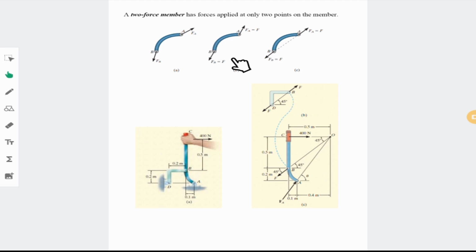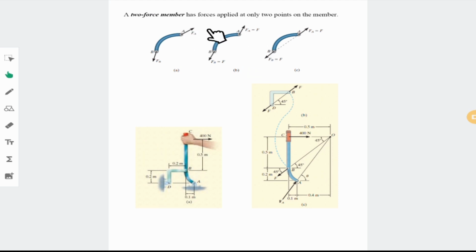What is a two-force member? It is a member which is massless, or the mass is negligible, and only two forces are applied on the end points. If you have such a condition, the forces have to be exactly in one direction and on the line which connects the two points.